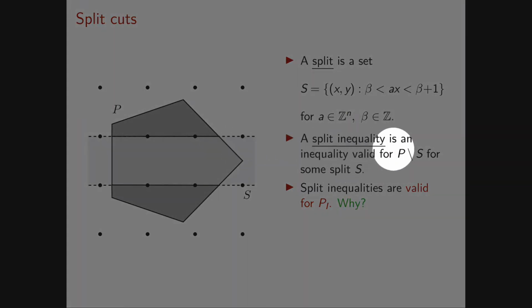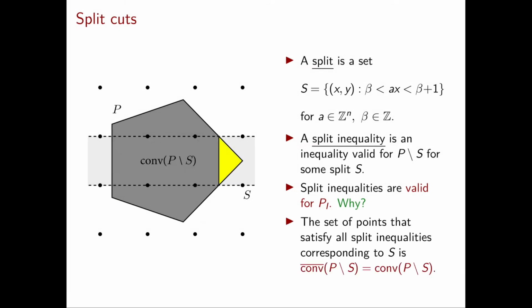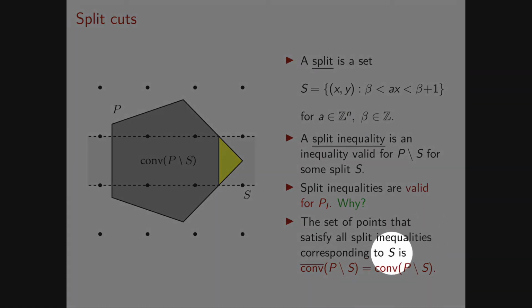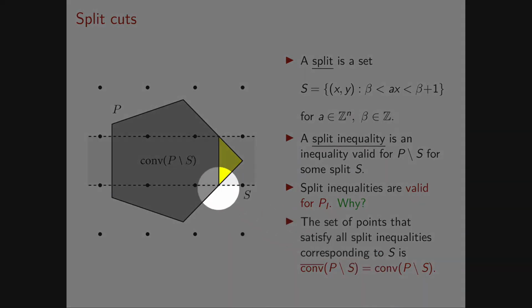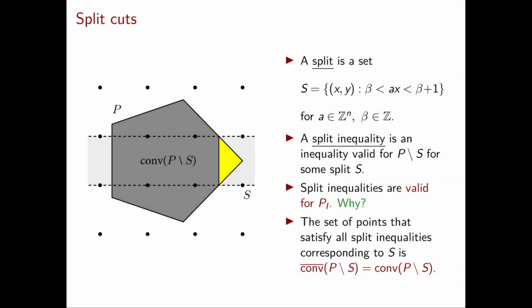A split inequality is an inequality valid for P minus S for some split S. The set of points that satisfy all the split inequalities corresponding to a specific set S is the closed convex hull of P minus S, and it can be shown that it is equal to the convex hull of P minus S. So in other words, in this case, we do not need to keep using this closure operation, but we can just focus on the convex hull of P minus S. Note that in this example, we have that the convex hull of P minus S is defined by the original P plus one additional inequality, but that's not generally the case.